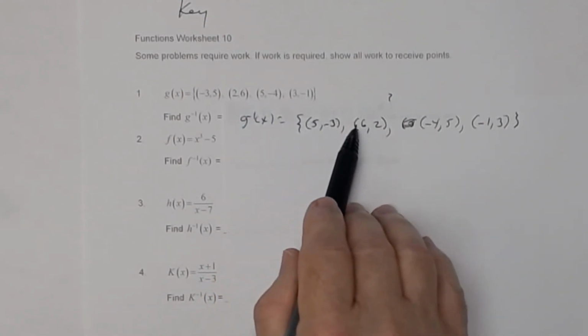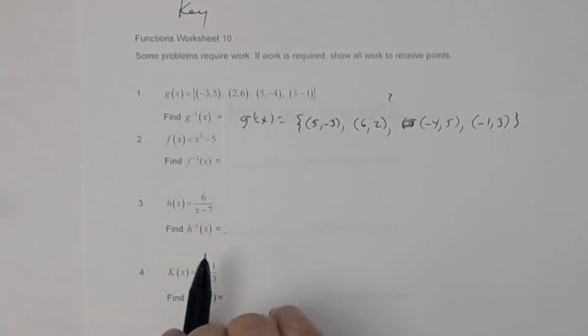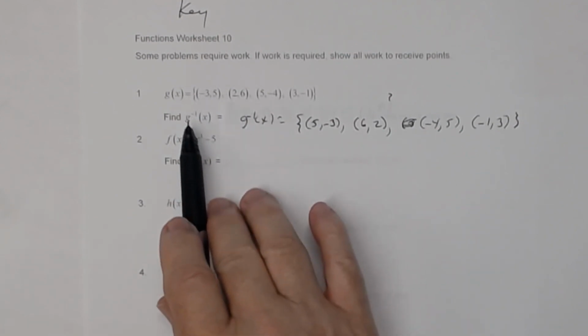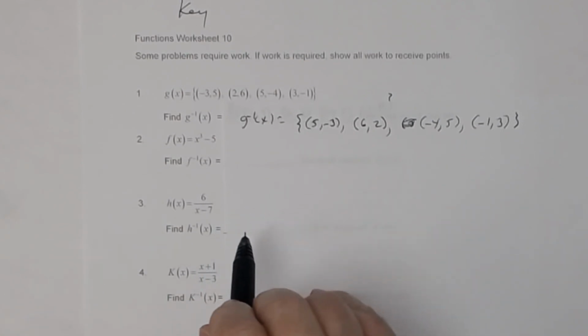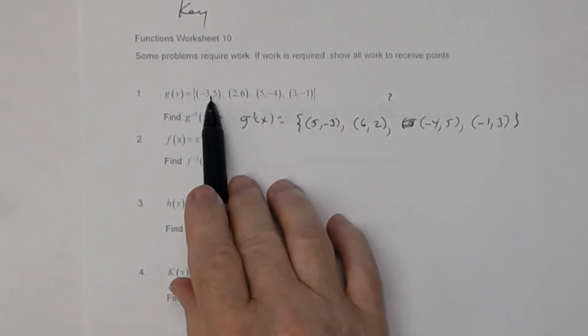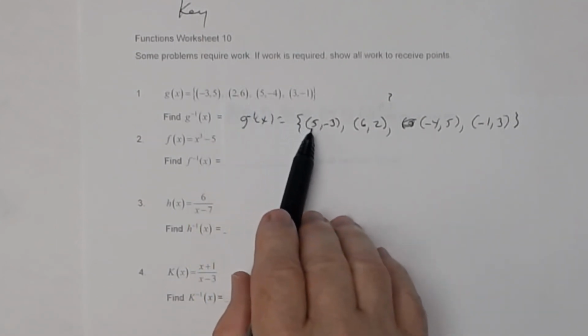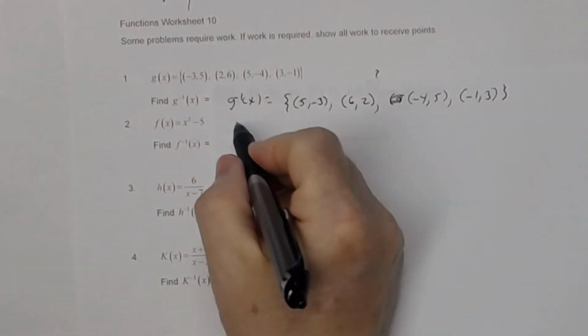Notice the x coordinates here are the same as the y coordinates here. All right, so we do the others. In the process of doing 2, 3, and 4, we're going to interchange the variables. So x becomes y, y becomes x. Okay? So that is number one.